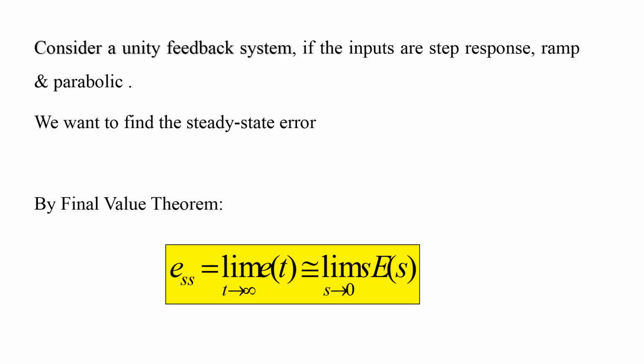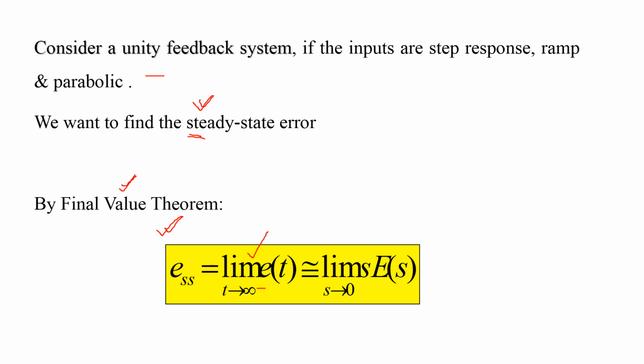Now by considering the unity feedback system and different types of inputs, we are going to obtain the expression for steady state error. The expression for steady state error is determined by using the final value theorem. The final value theorem is given as ESS equals limit t tends to infinity E of t, which equals limit s tends to 0 of s into E of s.